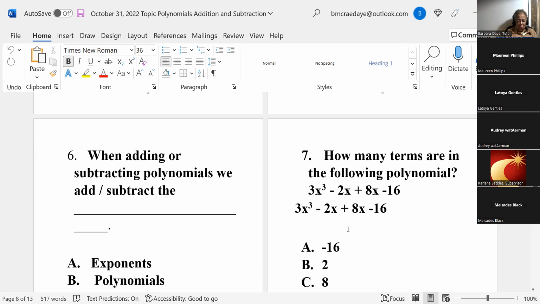What does that give you? 2 from 8 is 6, right? So what's your answer?